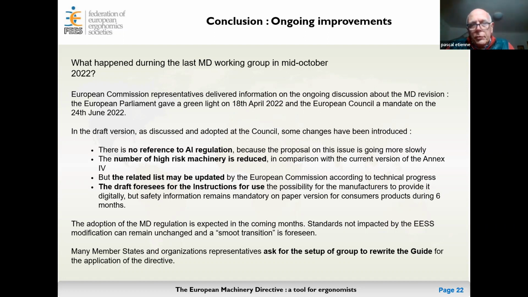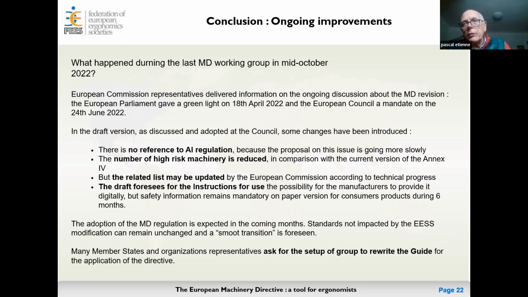Also, the drafts in the present version for the instructions for use foresee the possibility for the manufacturer to provide digitally, but the safety information remains mandatory on paper for consumer products during 6 months. So there could be debate on what is in safety information strictly.